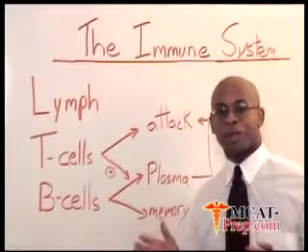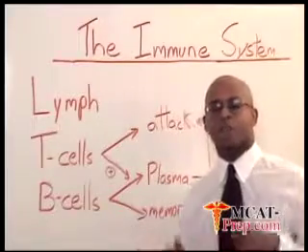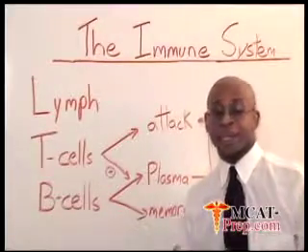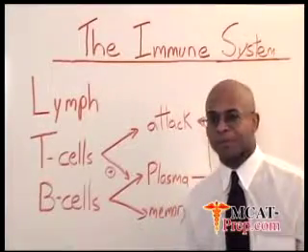Rather, you've got some memory cells ready, so your secondary response, the second time you're exposed to it, will be much faster than the first time you were exposed to the infection, your primary response.